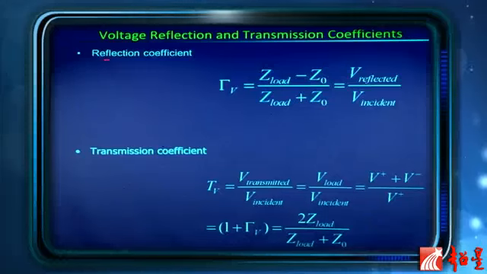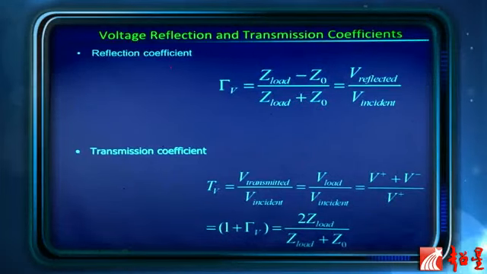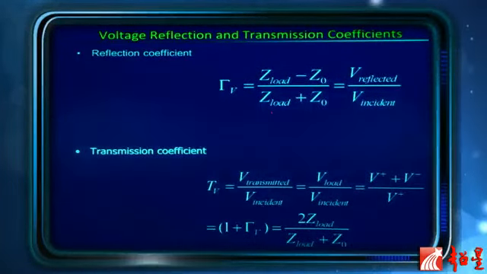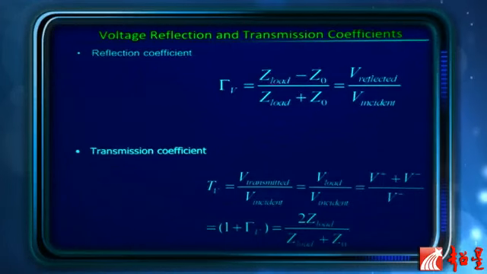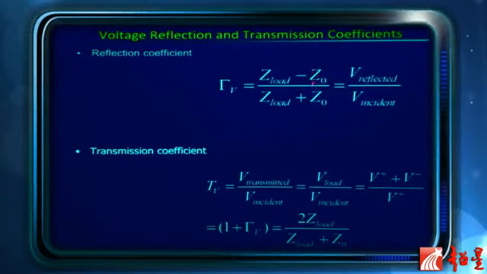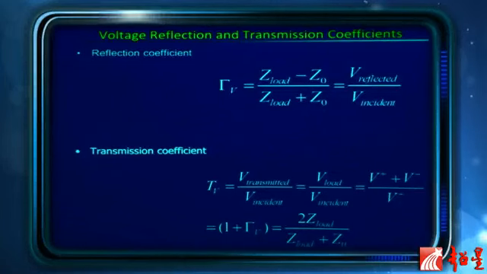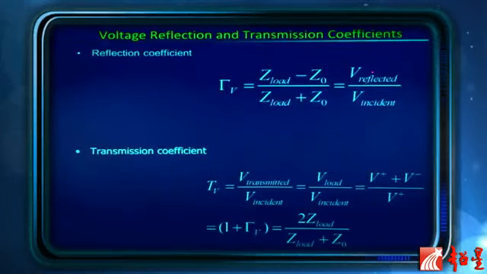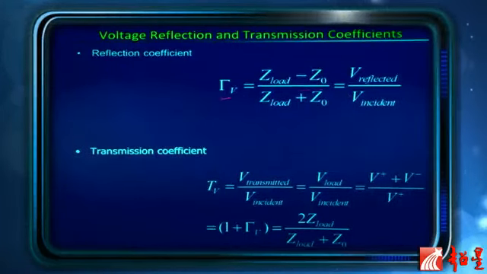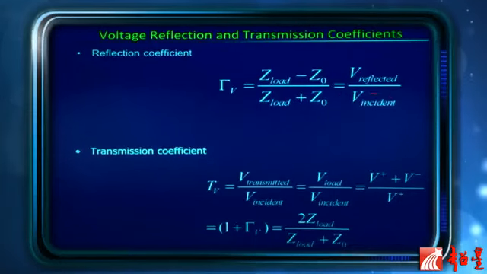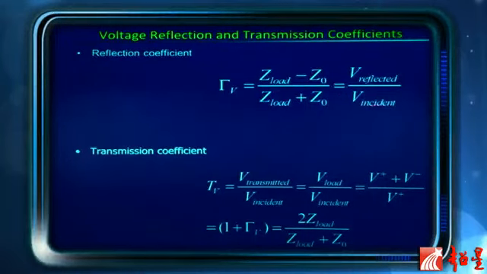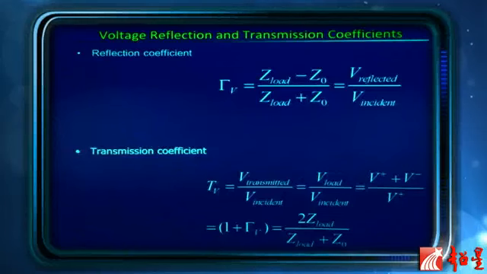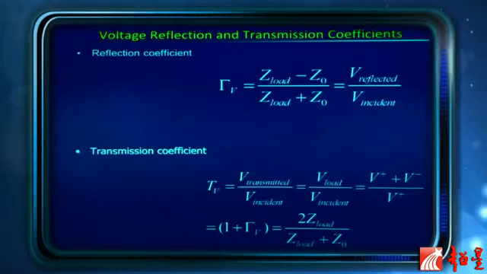The most important thing is the reflection coefficient. This is the load, and this is the characteristic impedance of the line. When the wave hits a load, part of it is reflected. The reflection coefficient is the percentage of the incident wave that is reflected at the load.